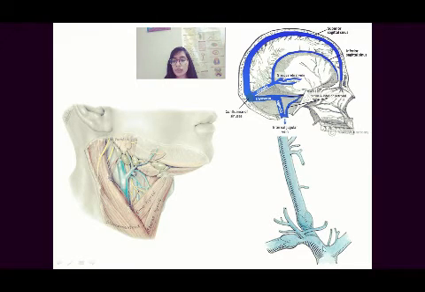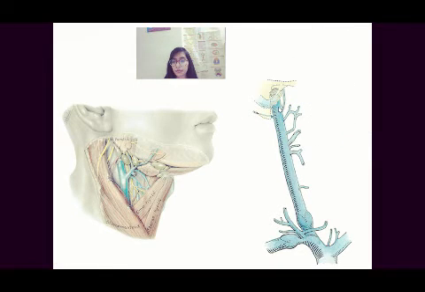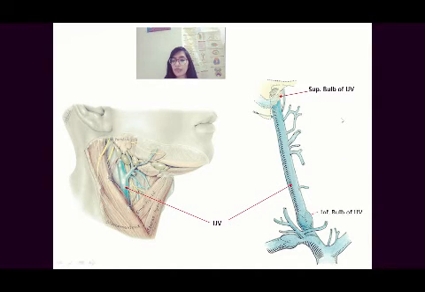Then it goes to the heart. You can see the superior bulb of the internal jugular vein and the inferior bulb, after taking all the venous drainage from the brain, and the facial vein.